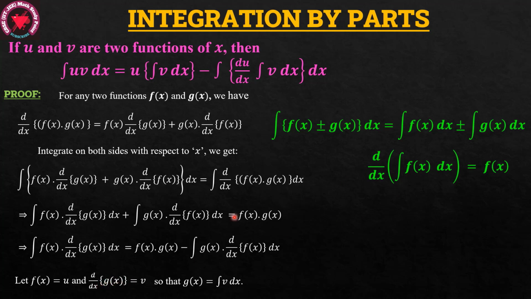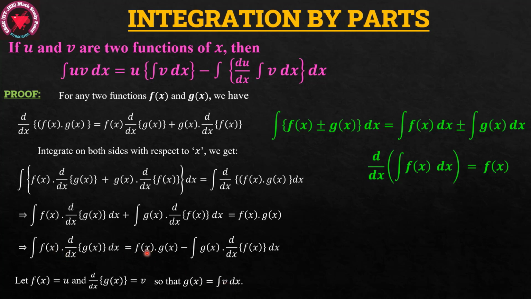By using this rule, how can we write integral d by dx of g of x? Integral v dx. So by assuming f of x as a new function u, and by assuming d by dx of g of x as a new function v, then g of x we can get like this, integral v dx.